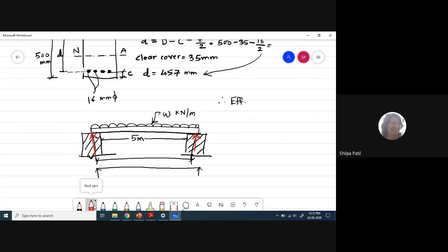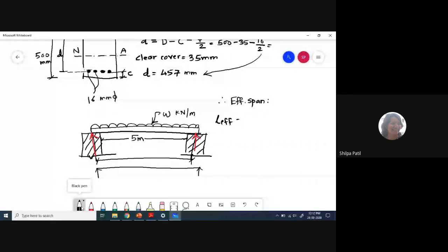Now the width of the column or the width of the support is also given. So the effective span, denoted as L effective, we can now calculate. It will be clear span plus the distance of the center of the width, half the width of the support, right?